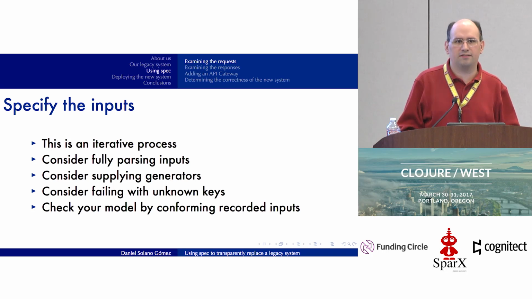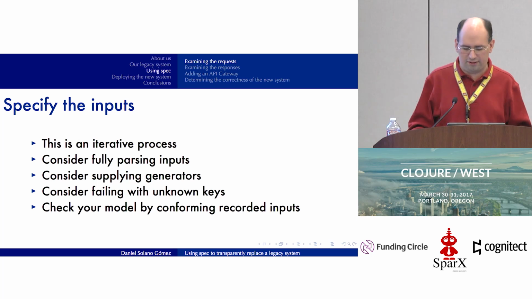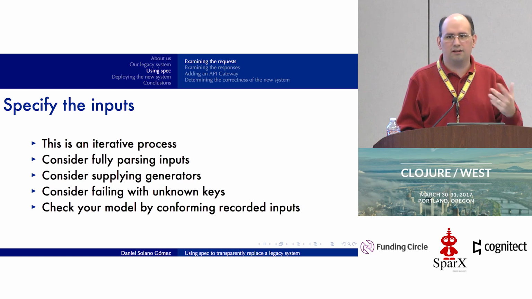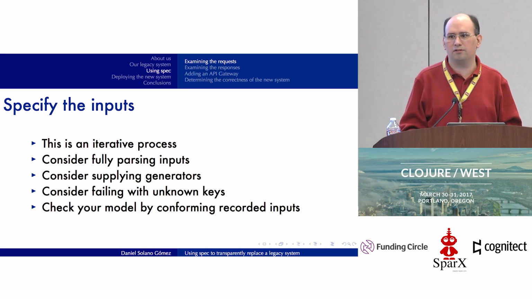So you might not just verify that something is like a string of digits, but you might want to parse it into an actual integer and see if it's positive or negative or whatnot. Another thing that you normally wouldn't do in a lot of normal spec usage is reject unknown keys. But in this case, since we're really trying to understand a corpus of data, we want to be sure that we're not ignoring anything.